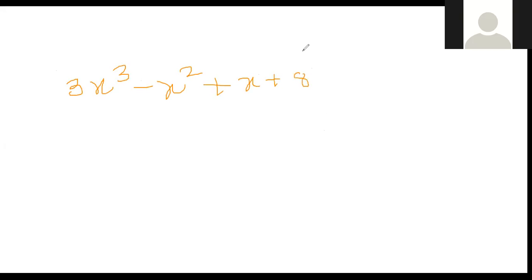The difference between expression and equation is that if the equal symbol is there, it is an equation. If there is no equal to, then it is called expression.